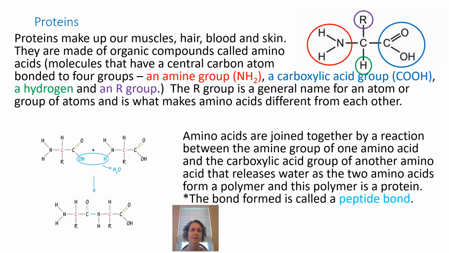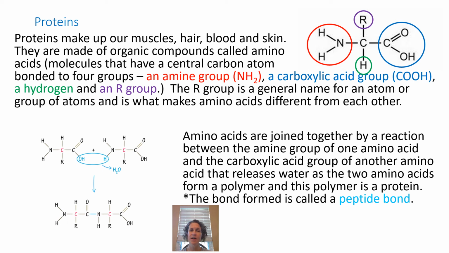All right, proteins. Proteins are a big deal also because they make up a lot of our bulk. Your muscles are made up of proteins, your hair, your blood, your skin, and they are made up of organic compounds called amino acids.